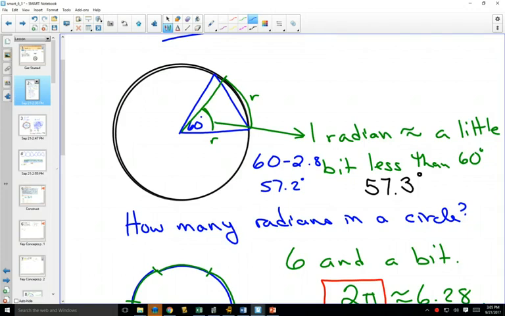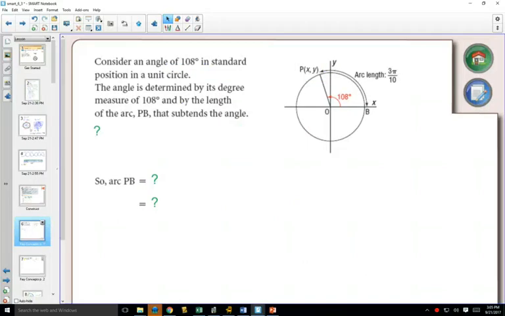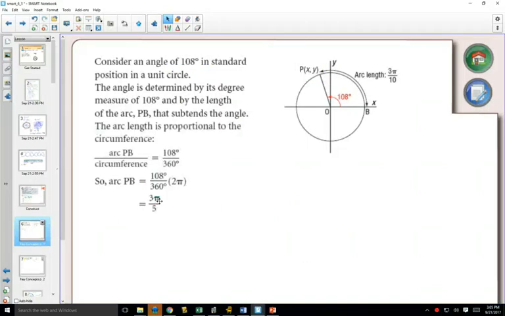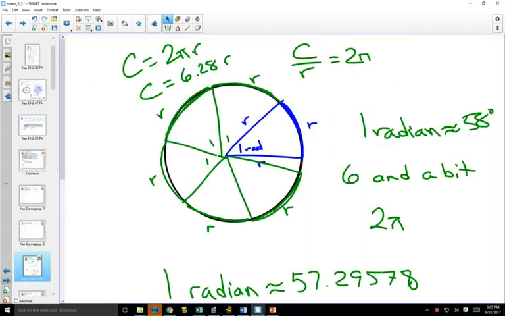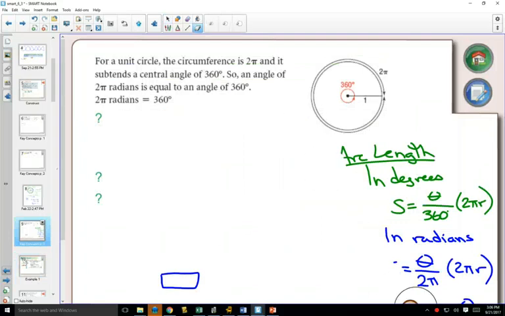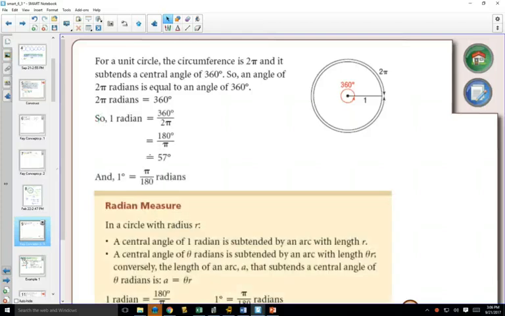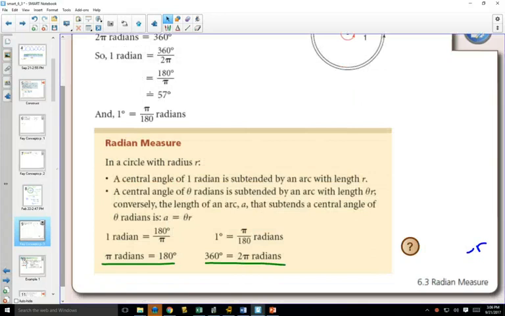Oh, well. So we've got our chart. We've got our degrees. We've got our radians. If you look at the next page, where there is an orange box, it tells about radians.